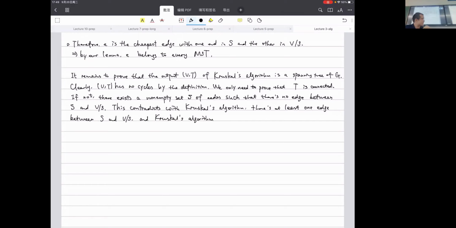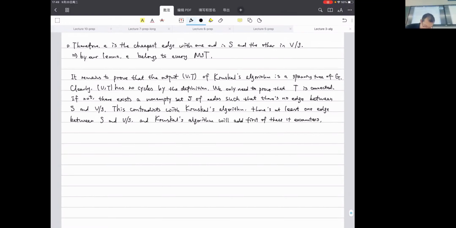When it encounters the first edge between S and V over S, Kruskal's algorithm will actually add it. But you say that S and V over S are disconnected. This is just a contradiction. So this basically finishes the whole argument.